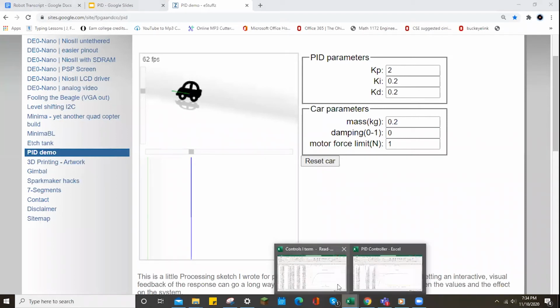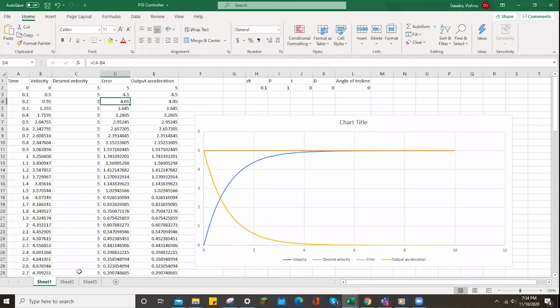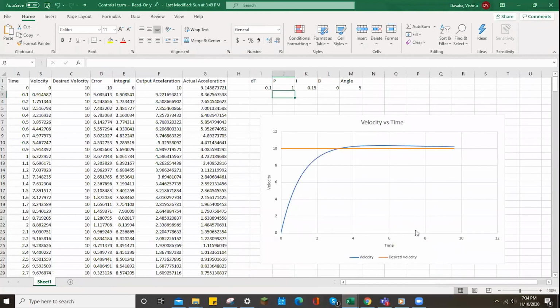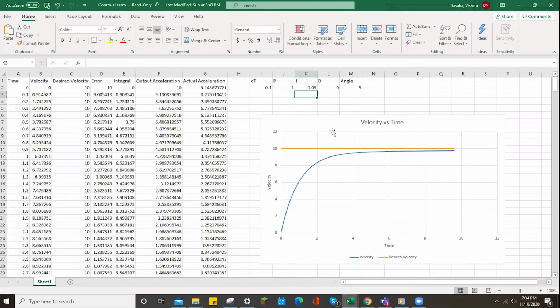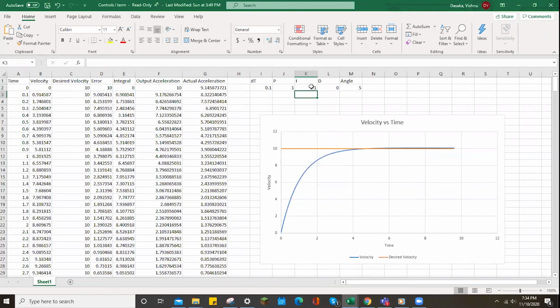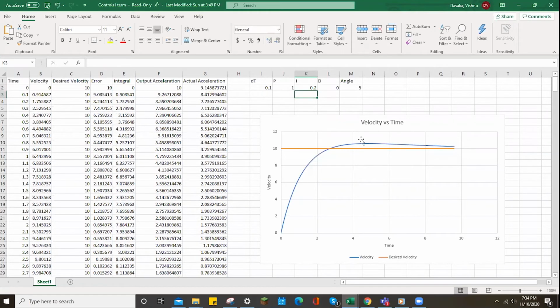Another example of how the I part works: a lot of times, even with a little bit of I controller, it overshoots where it's supposed to go. You can see how it's barely going above the orange line here, which is the desired velocity, even at a small KI. And if you were to add a KI like 0.2 or something, it would go way over.